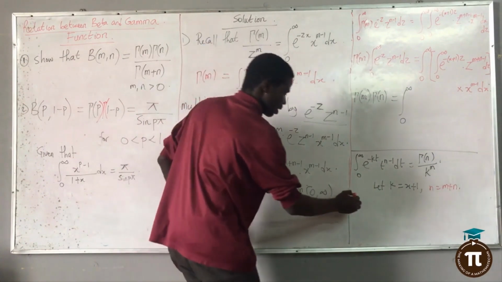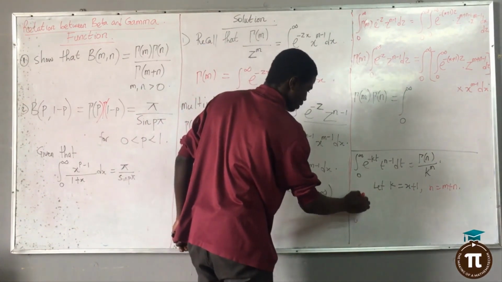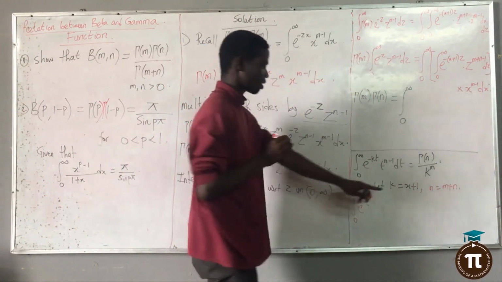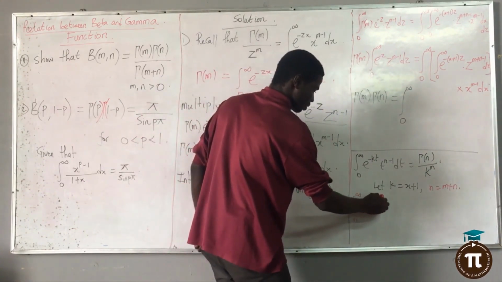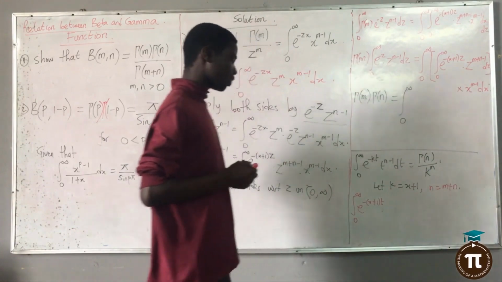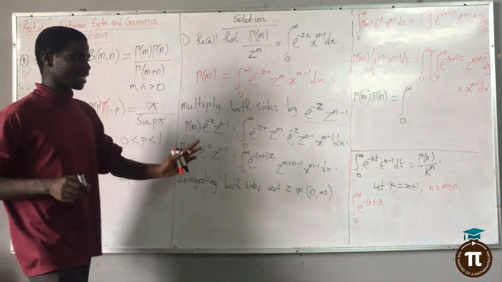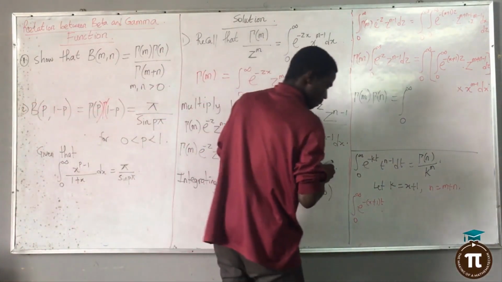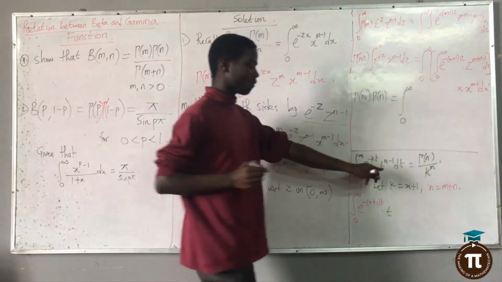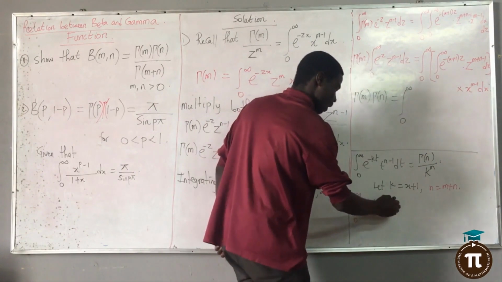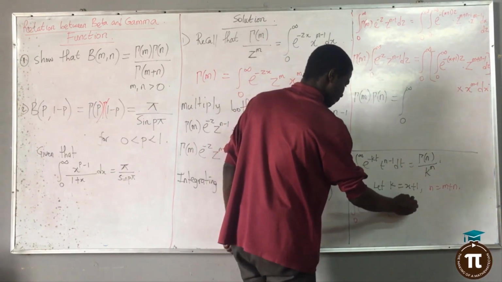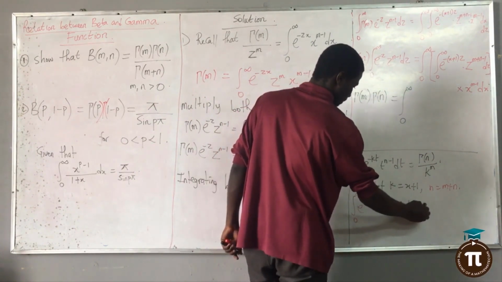this one will become integral from 0 to infinity of e raised to the power of minus k, which is now x plus 1. That will be minus (x plus 1)t multiplied by t raised to the power of n minus 1. I said let n be n plus n. So this one will be t raised to the power of n plus n minus 1 dt.